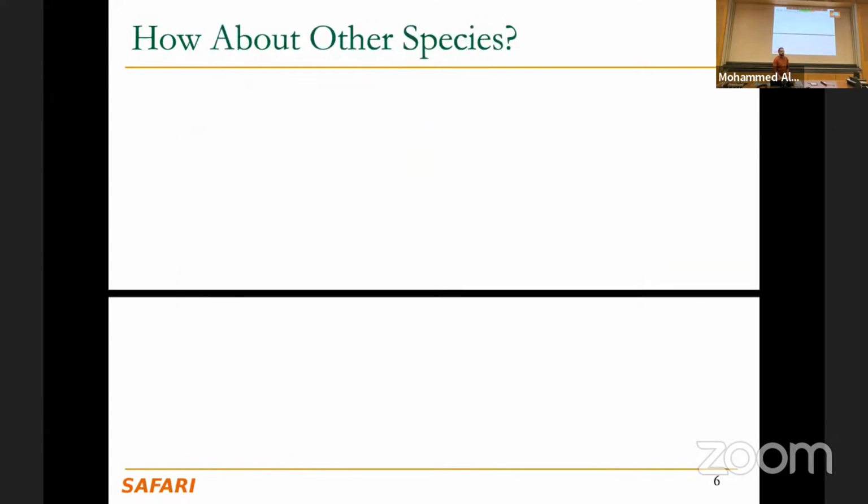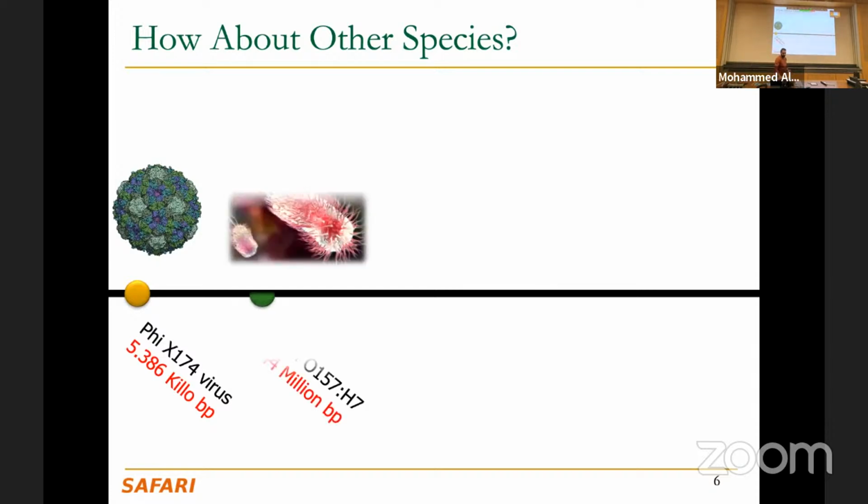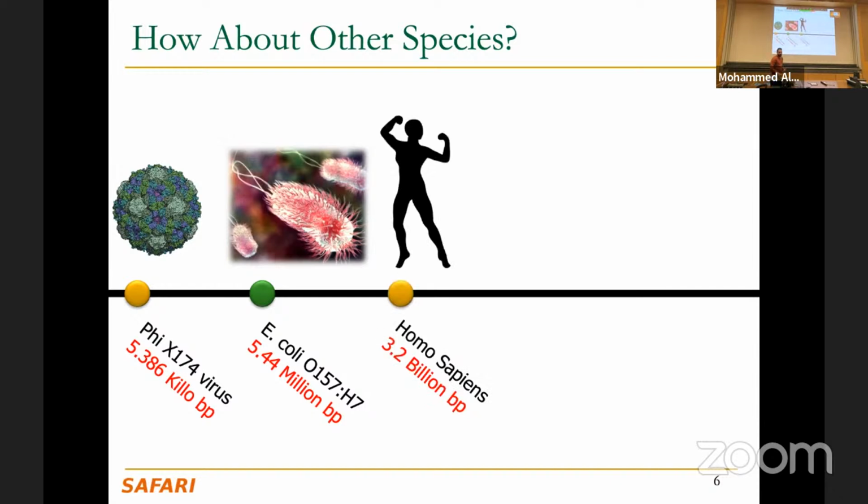How about the other species? This very small virus has DNA of only a few thousand characters. This tiny virus can infect this bacteria and cause harm to it. And this bacteria's DNA is about a few million characters. Where are we?